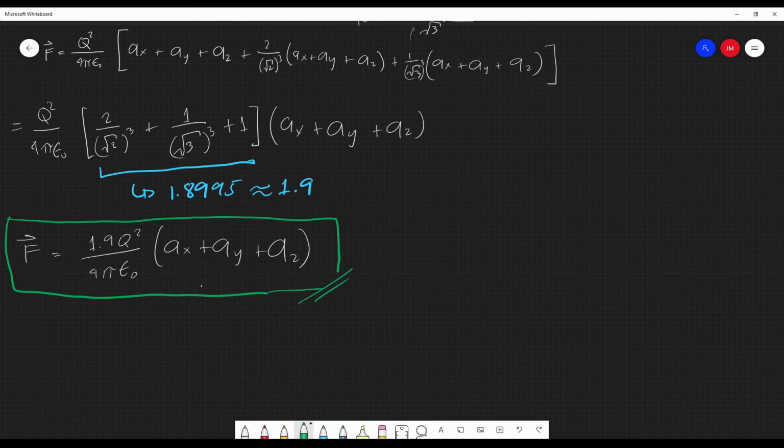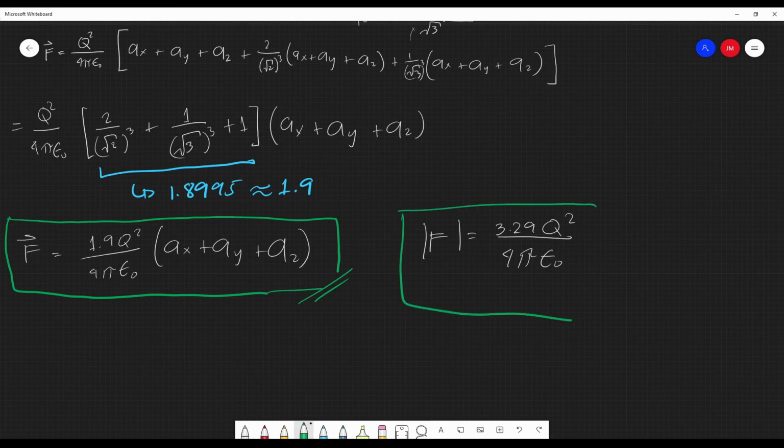Now, if we want to find the magnitude, this is simple. It is 3.29 Q squared over 4 pi epsilon naught. If you want to ask why it's 3.29, remember, we already have a 1.9 right here.